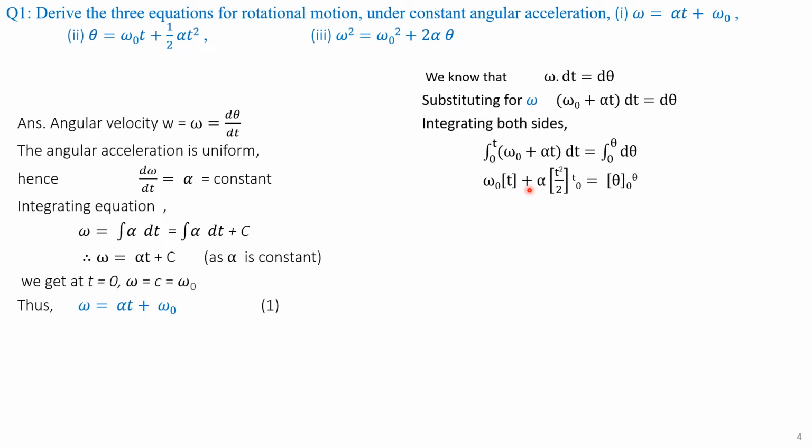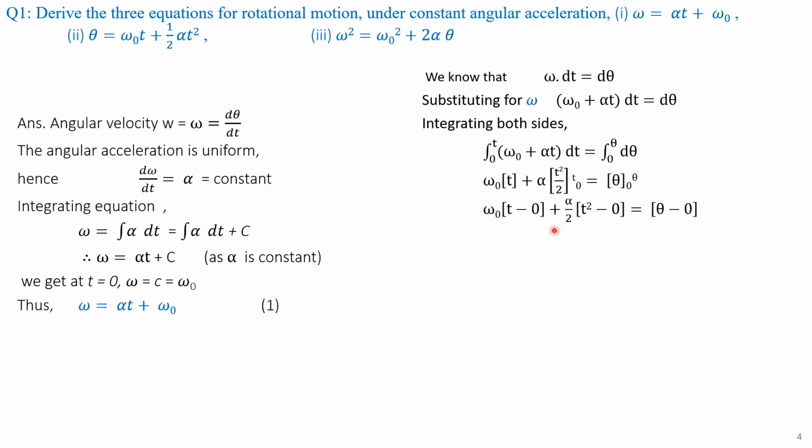Therefore, integrating, we get omega naught t, that is, integral of omega naught dt is omega naught t, plus the integral of alpha t dt. Alpha is constant, so t dt will be t square by 2, and the limit is 0 to t. This is equal to theta on the right hand side, 0 to theta, where the upper limit is theta.